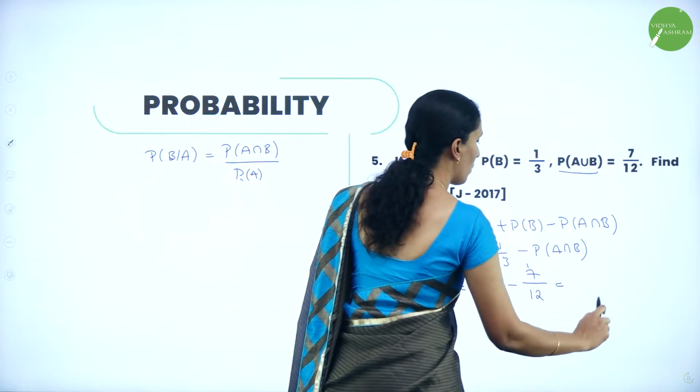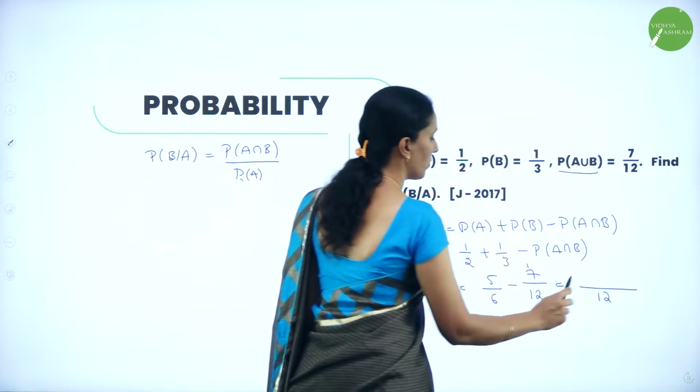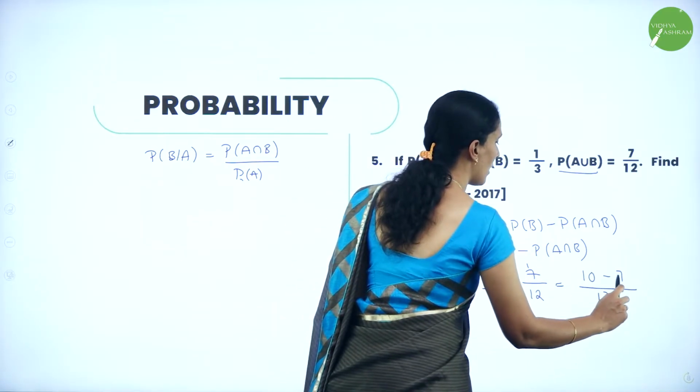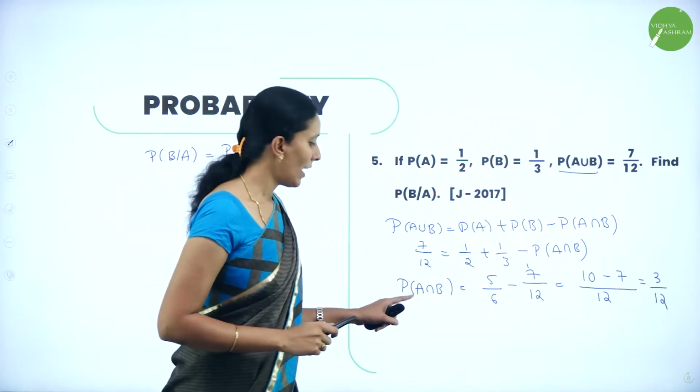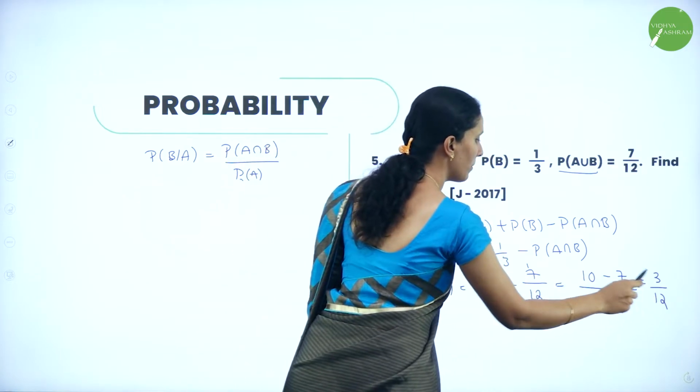The LCM is 12. So here it is 10 minus 7, which is equal to 3 divided by 12. So now we have probability of A intersection B as 3 by 12.